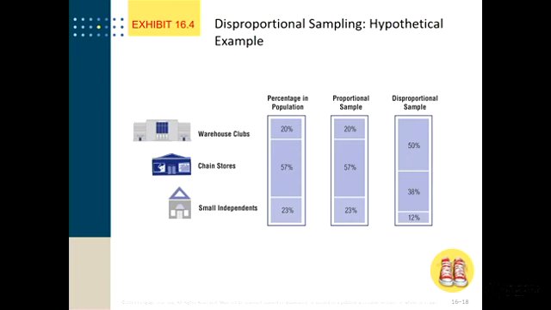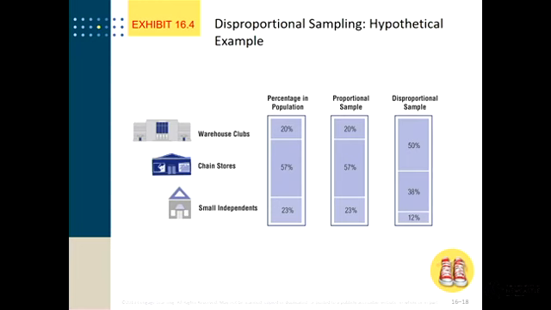Now, if you go for stratified sampling in such a way that these ratios are maintained in your sample, like you pick 20% warehouse clubs, 57% chain stores, and 23% small independents, then it is proportional stratified sampling.